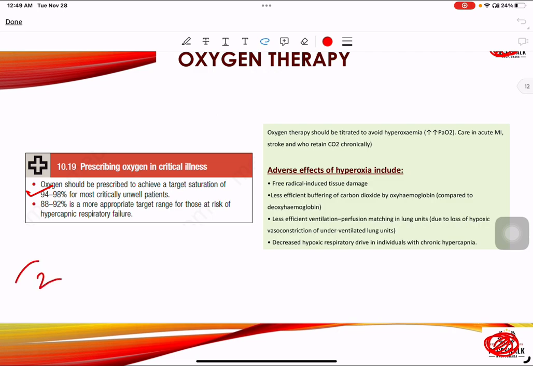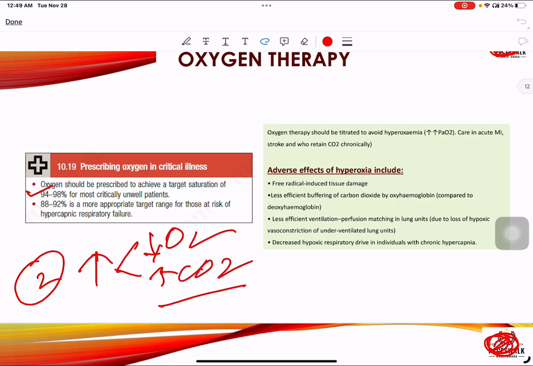So there are two stimulators for increased respiration. One is hypoxia, number two is hypercapnia. So for those who have chronic hypercapnia, like COPD, we have to maintain slight hypoxia to have some respiratory drive.